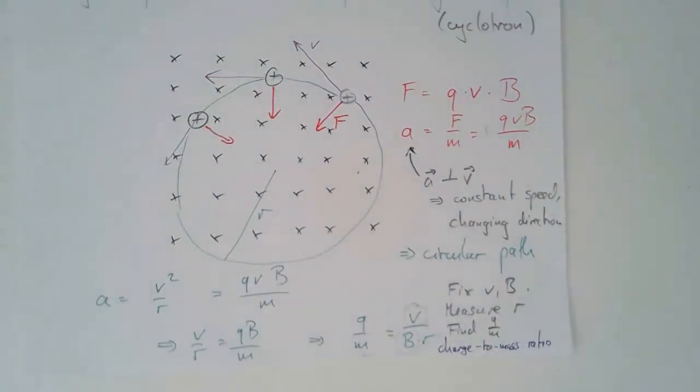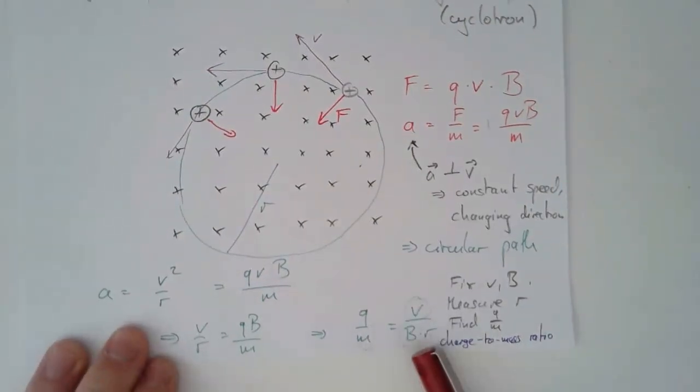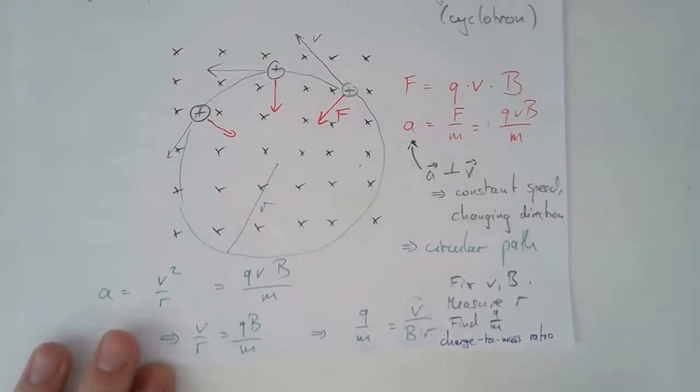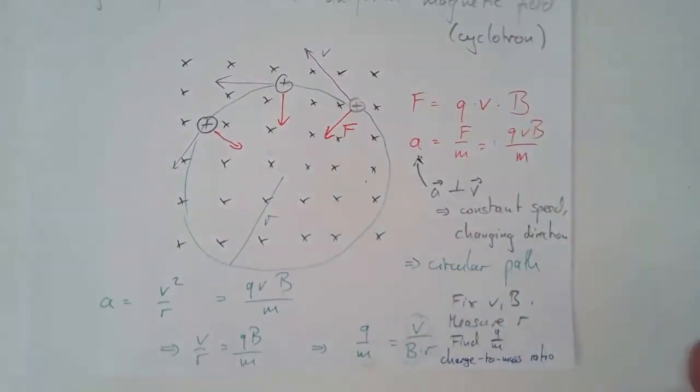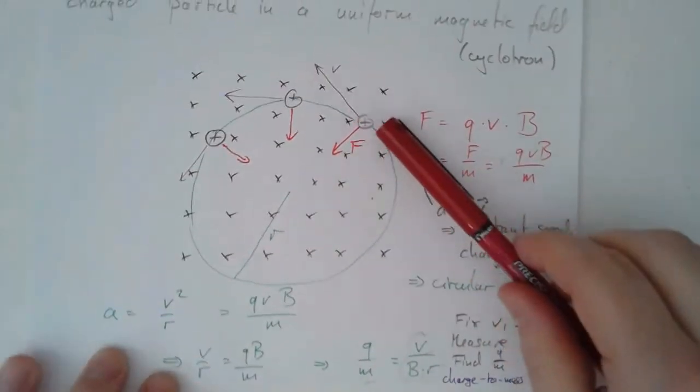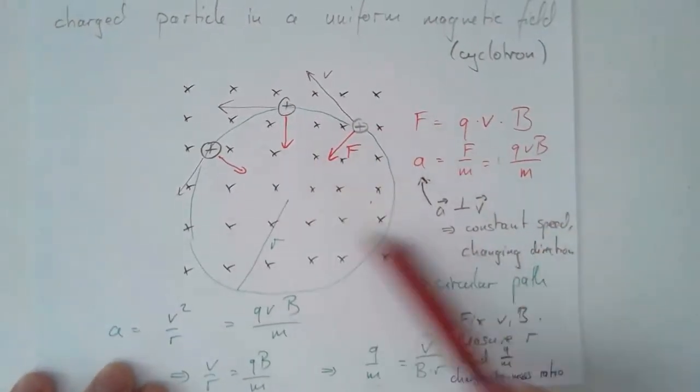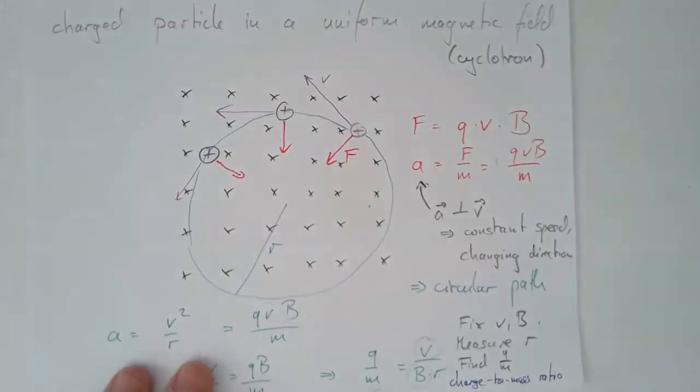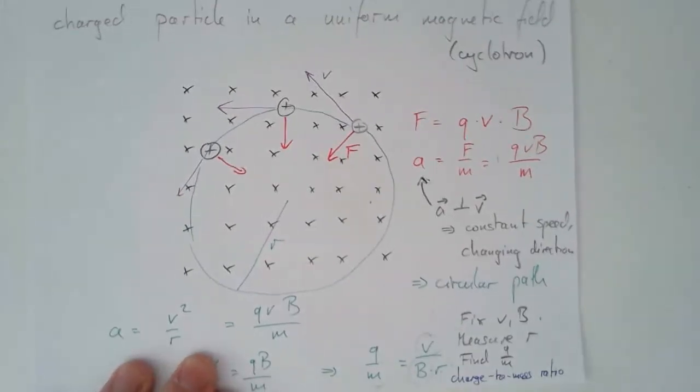It's much heavier, but the force on it is the same, right? Charge is the same. So that is a way to measure what types of particles you have. Say you've got a soup of a bunch of different particles, I want to separate them into individual types, and they're charged, and I can separate them by shooting them into a magnetic field, and they'll all trace out different paths, different sizes of circle.